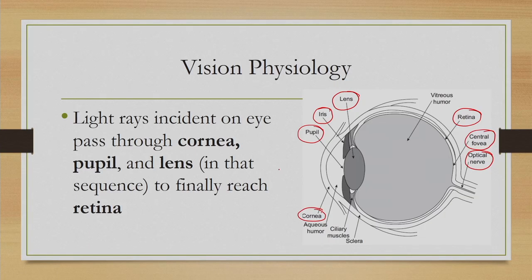So, when light comes after getting reflected from a point, suppose this is the light ray. As the figure shows, the light rays that are incident on the eye pass through the cornea, that is the component here, the pupil component here and the lens, that is the component here.